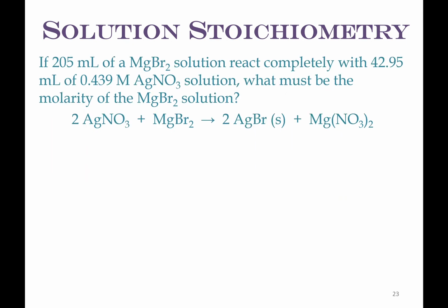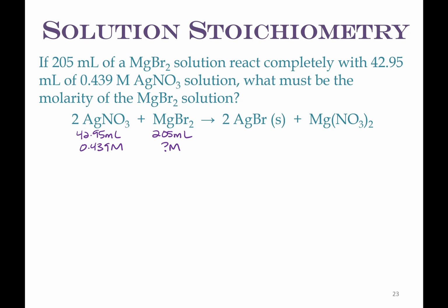If 205 milliliters of a magnesium bromide solution react completely with 42.95 milliliters of 0.439 molar silver nitrate, what must be the molarity? So what is the molarity of the MgBr2 solution?